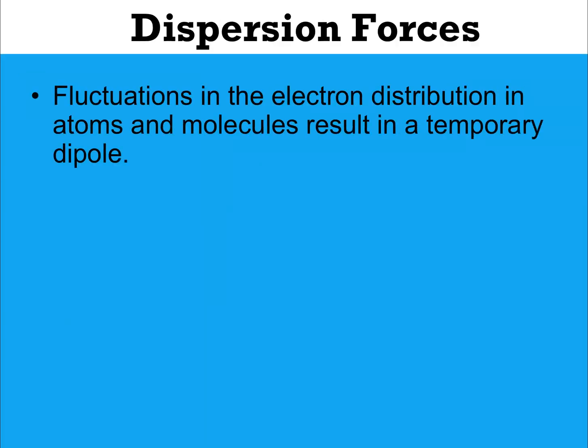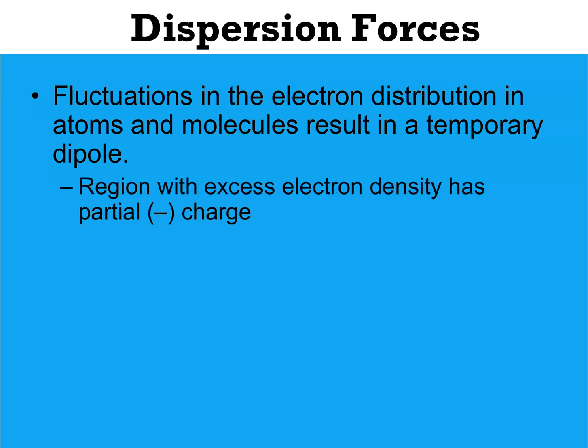So these fluctuations in electron distribution in atoms and molecules result in a temporary dipole. The fancy buzzword is polarizability. So polar, as in a polar bond, for example, if the electrons move around, and as we said, at any given moment they are on one side of the molecule, they create a temporary dipole or a temporary polar molecule or atom. Creates a region of excess electron density, greater partial negative charge.